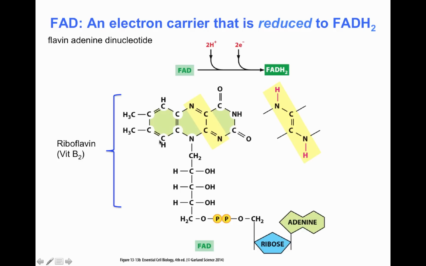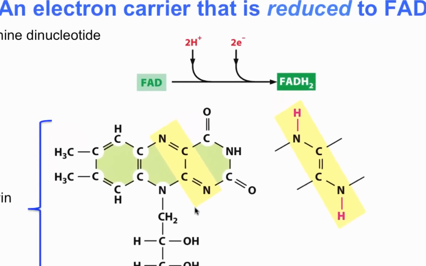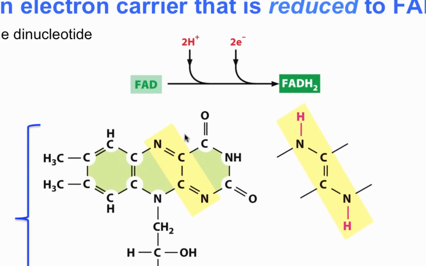The riboflavin has a flavin molecule, and the flavin molecule is composed of 3 aromatic rings. Now, highlighted in yellow over here, you have the atoms that are going to be involved in the reduction reaction.